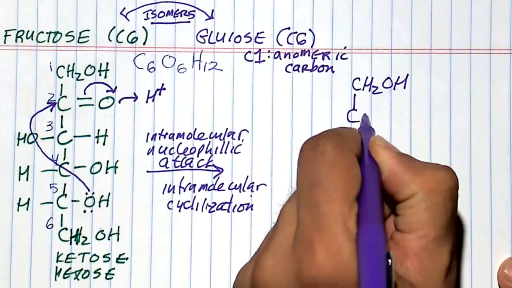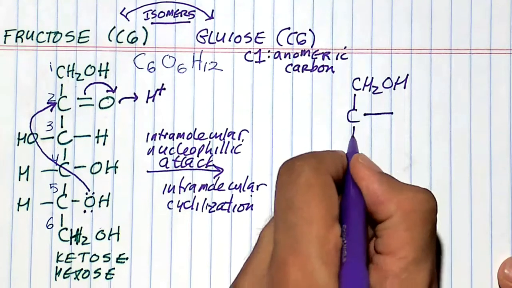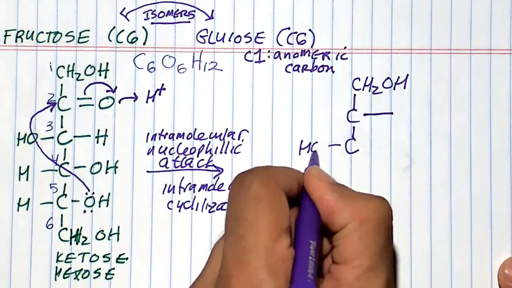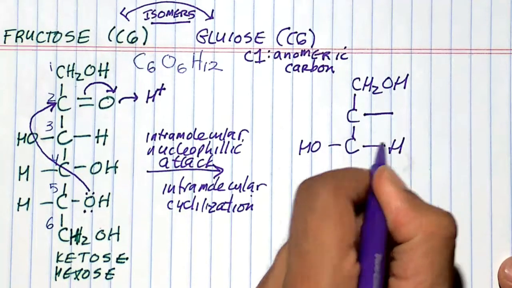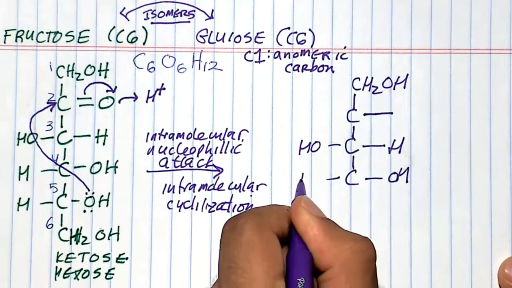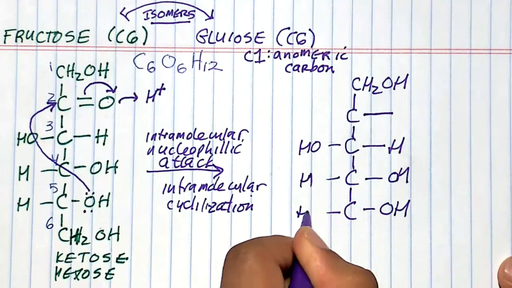So what you get after this intramolecular nucleophilic attack is what is known as a hemi-ketyl intermediate. This is akin to a hemiacetyl intermediate when glucose undergoes a nucleophilic attack from within. So here are our 6 carbons.